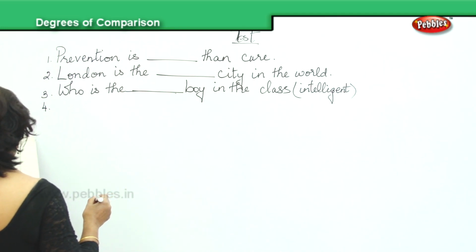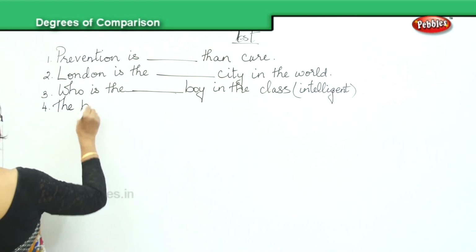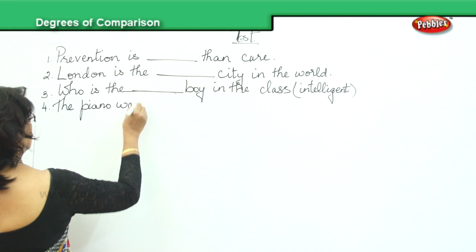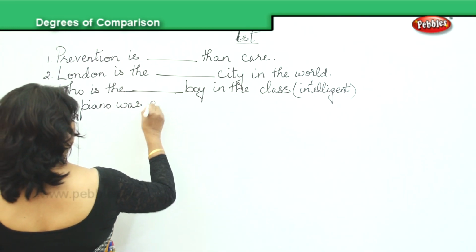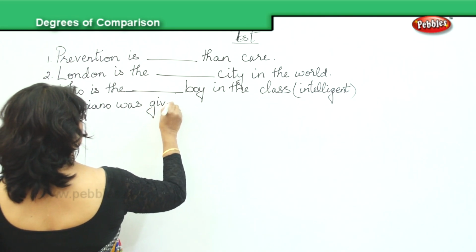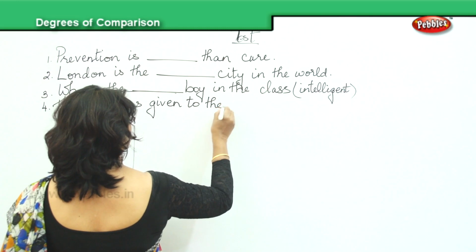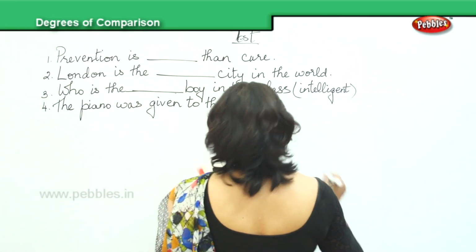Next one. The piano was given to the dash bidder.